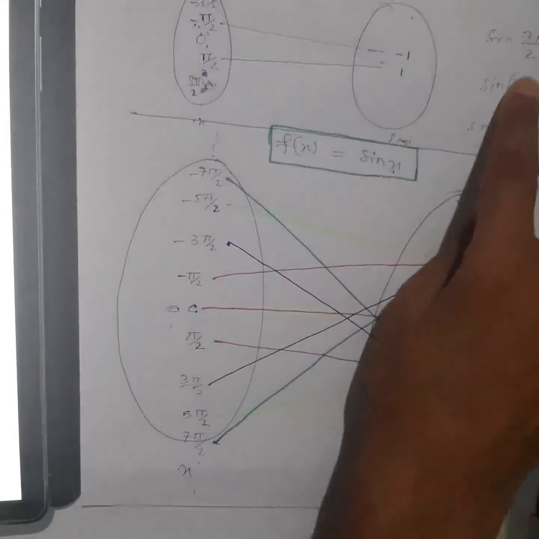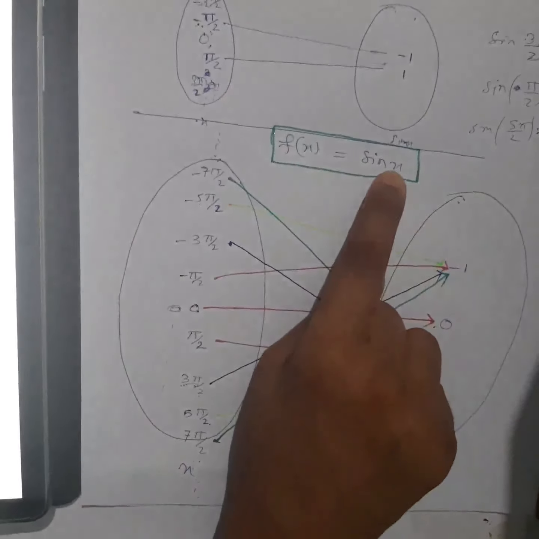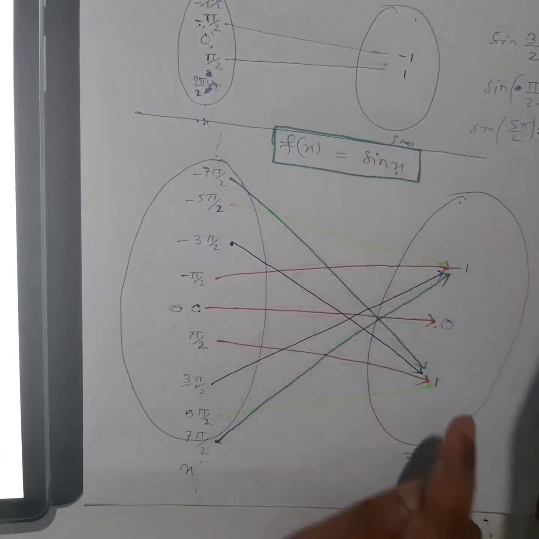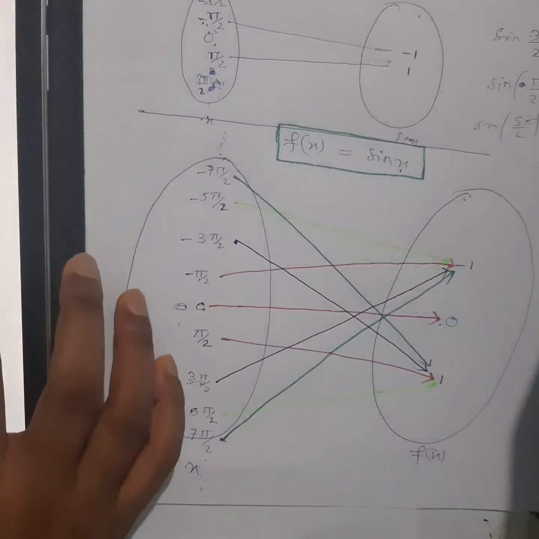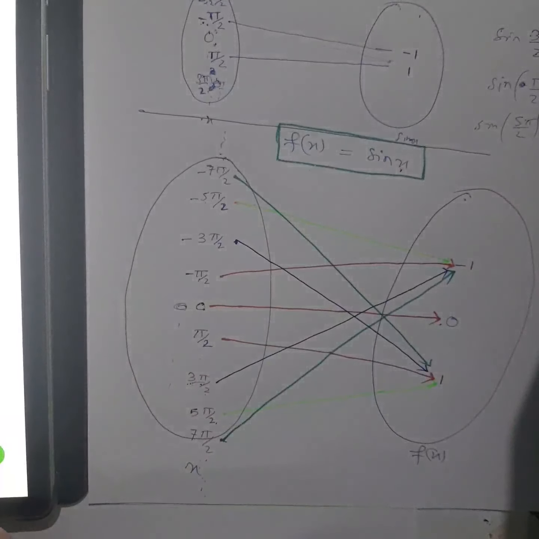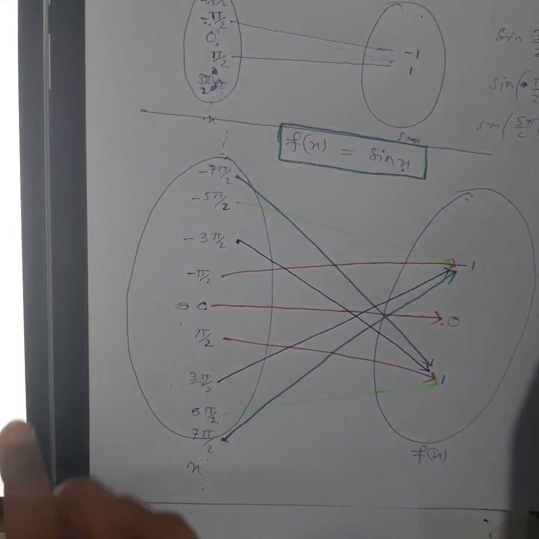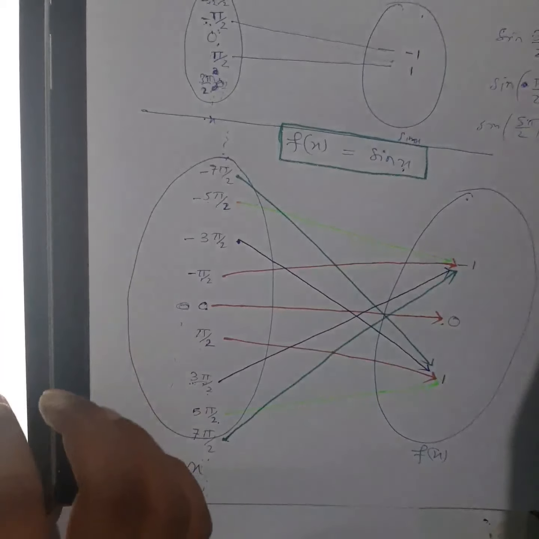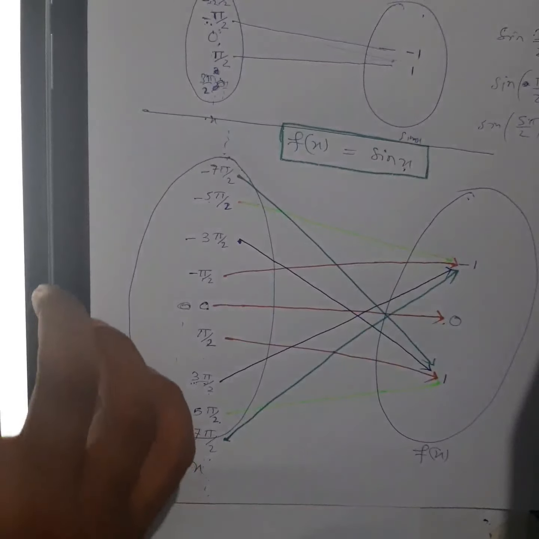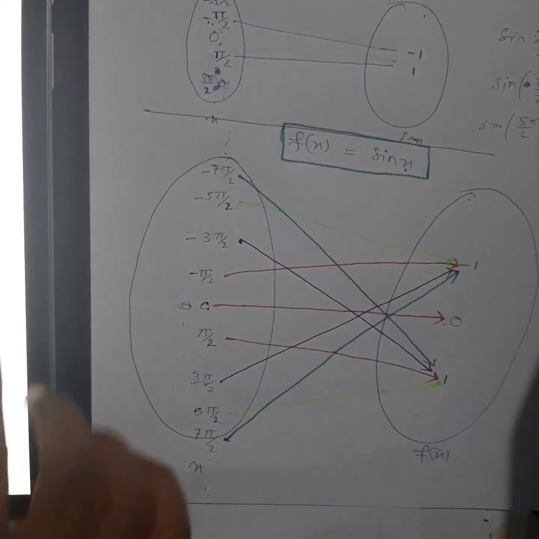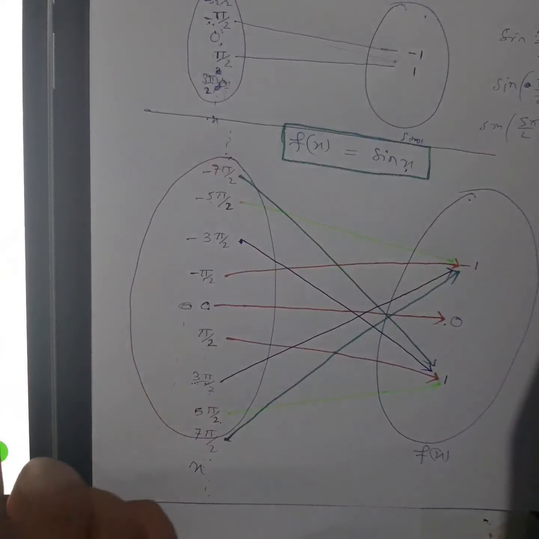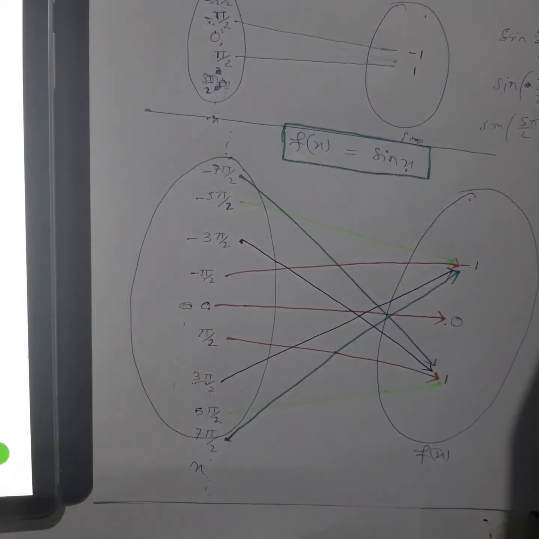So if you put pi by 2 here in place of x, you will get f(x) equal to how much? 1. Like that, if you keep on finding. So 3 pi by 2, for example, if you want to know what is the real value of this, 3 pi by 2 divided by 2, how much will you get? 4.71.